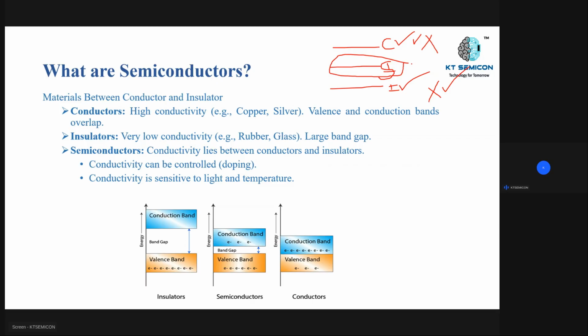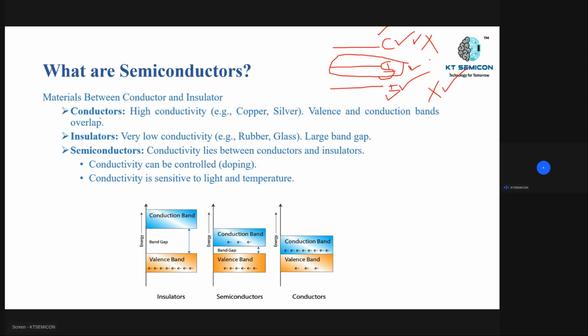If you want to stop the conductivity, we can do that in semiconductors, but in conductors we cannot stop the conductivity. That is the main drawback in conductors. Coming to insulators, they won't allow any kind of electrons, even at high temperature. This is the drawback. That's why we are using semiconductors. This is the main reason.